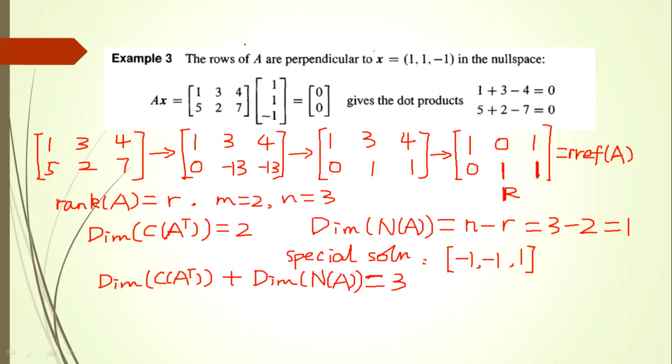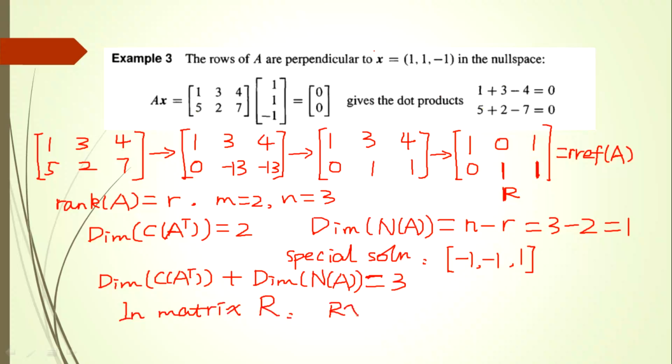Now the rows of A, which are 1, 3, 4 and 5, 2, 7, those two vectors are perpendicular to the solution in the null space because it gives the zero dot product. Every row in matrix A or in matrix R, it doesn't matter, it's the same. In matrix R, there are two rows, 1, 0, 1 and 0, 1, 1, multiplied by x.